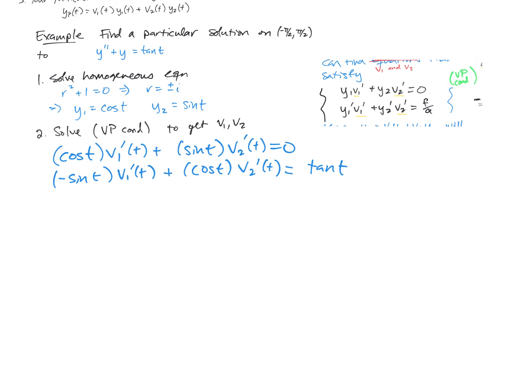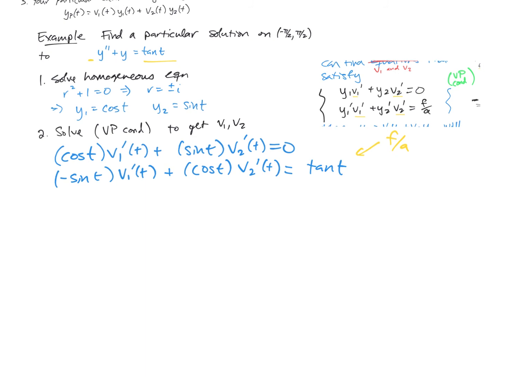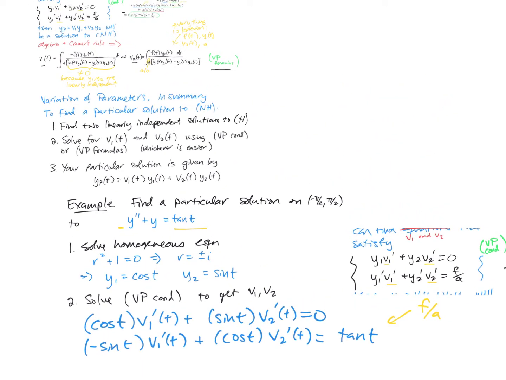So now I've just plugged in cosine and sine for y1 and y2, and over here, this is f over a, because f is the right-hand side of my equation and a is the coefficient over there. It's just 1. So now you could solve this. That works. It's not too hard.